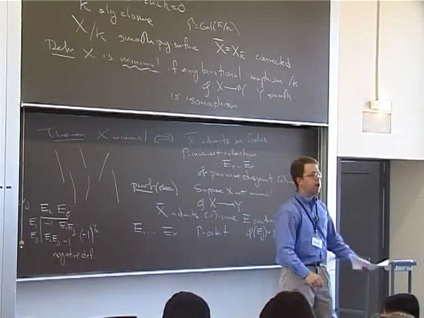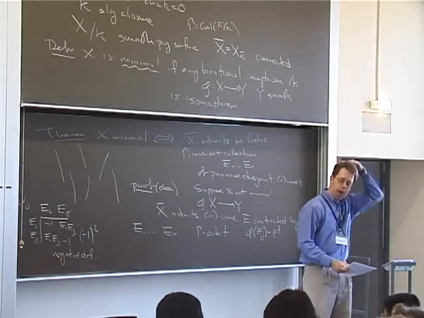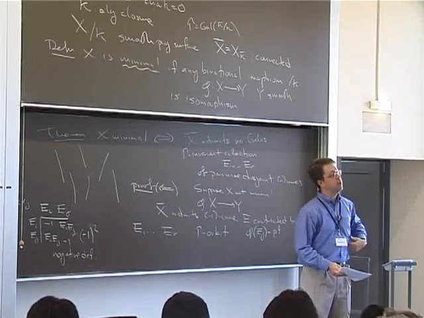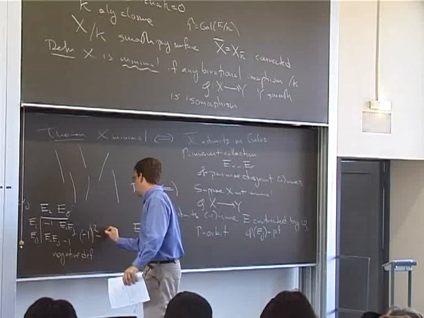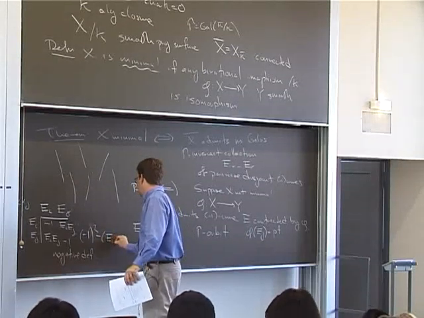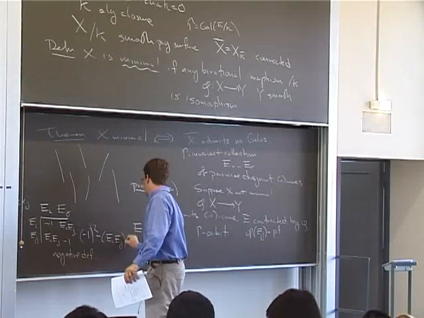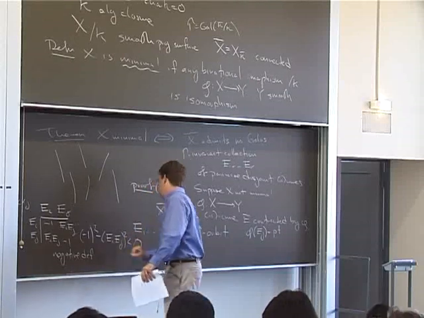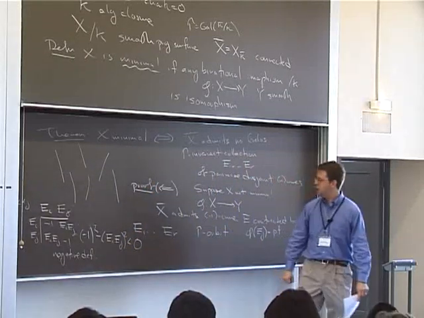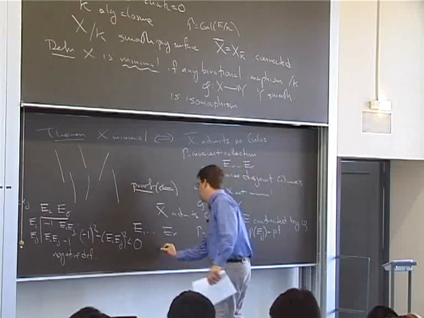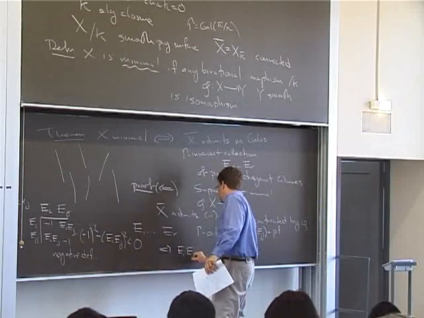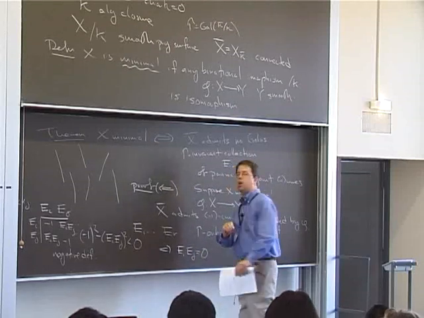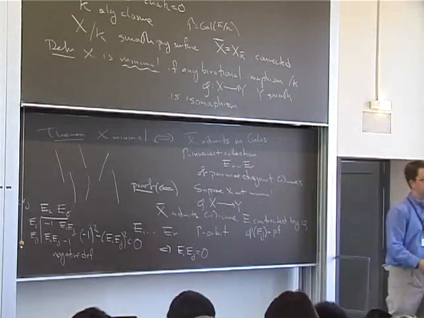Whenever you have a blow-up, the exceptional locus has a negative definite intersection form. So I get that -1 squared minus the self-intersection is less than 0, which forces the curves to be destroyed.